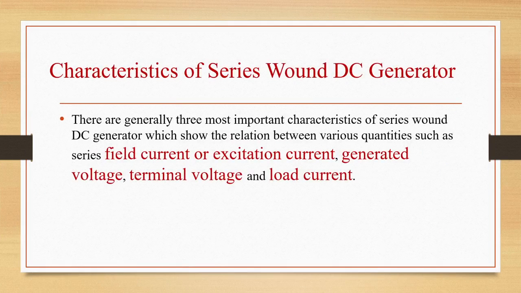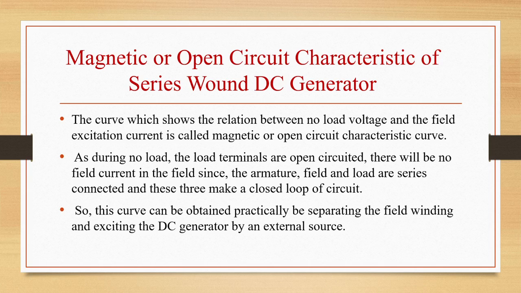There are generally three most important characteristics of a series wound DC generator which show the relation between various quantities such as series field current or excitation current, generated voltage, terminal voltage and load current. The magnetic or open circuit characteristic curve shows the relation between no load voltage and field excitation current.